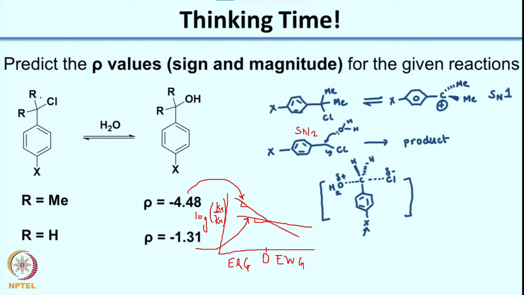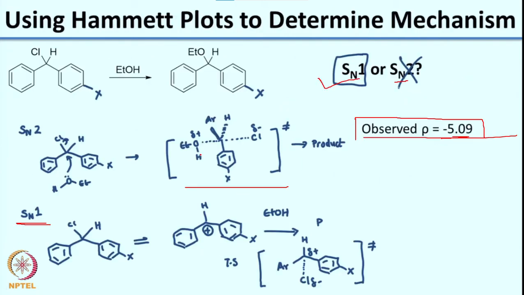In the SN1 mechanism, the slope was higher, as the magnitude of the rho value was higher compared to SN2, because the carbocation was stabilized by the electron releasing group, which gave a high magnitude of rho value. That's why SN1 was the favorable mechanism for this type of reaction.